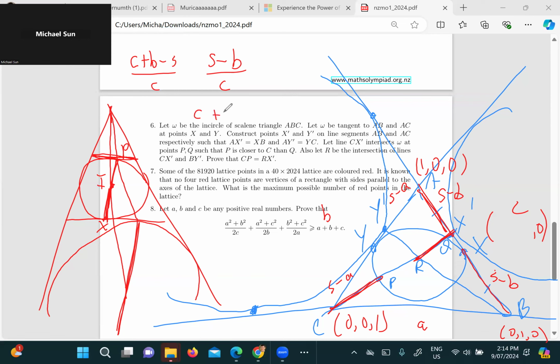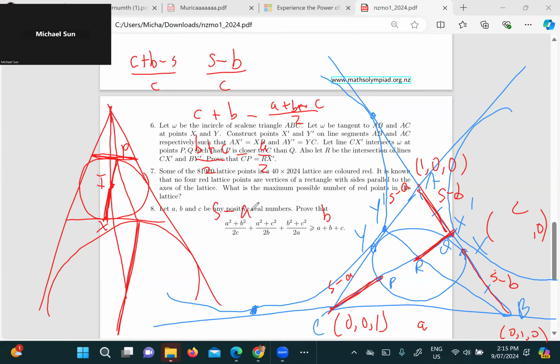It's equivalent to this line, which is equal to the semi-perimeter minus A. So this is B plus C on 2, C plus B minus A on 2, that's like A on 2 minus A on 2 plus... So you're saying it's S minus A, yeah?